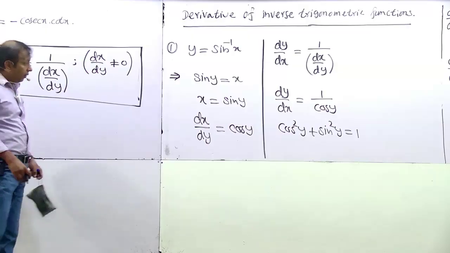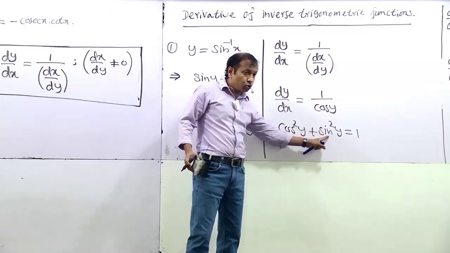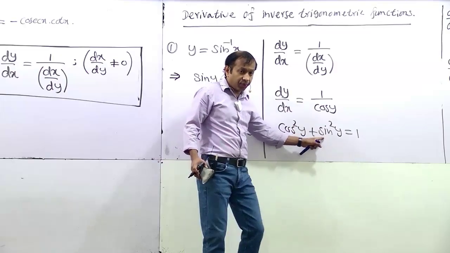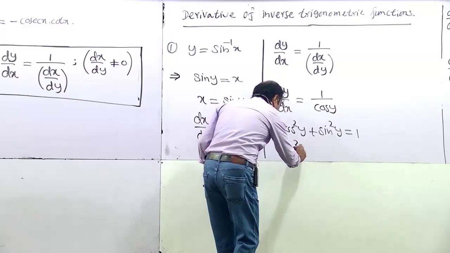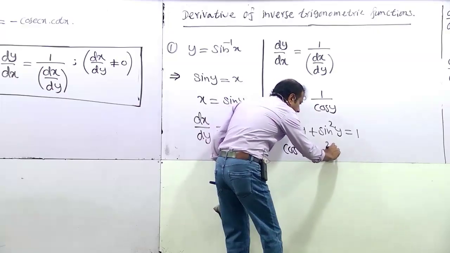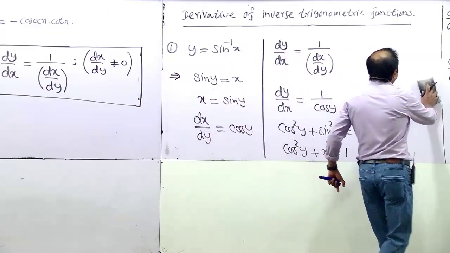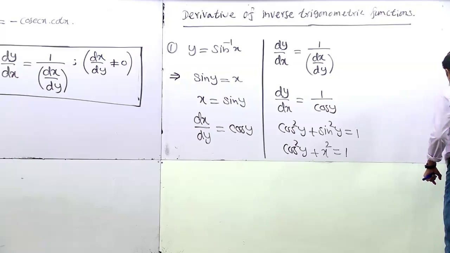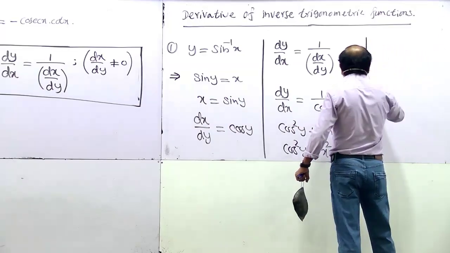Here sin y equals x, then this should be x squared. Take that to the right hand side. Now subject cos y.